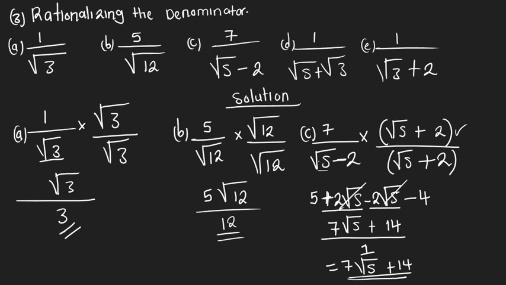Sir, yes. I'm kind of confused here. I thought at first you said 5 square root plus 2 over 5 square root minus 2. I don't understand what you're saying.